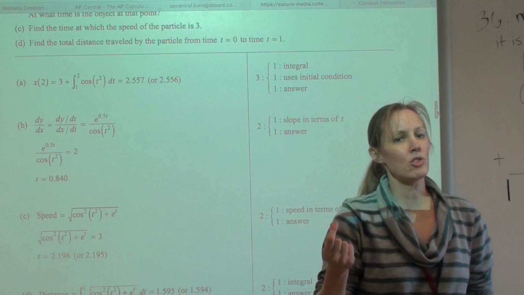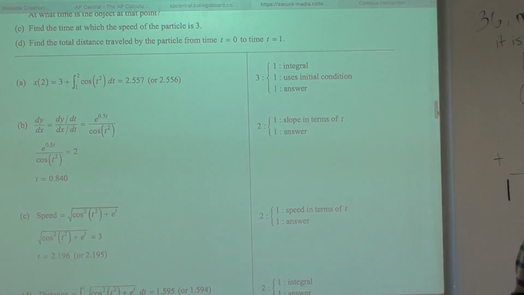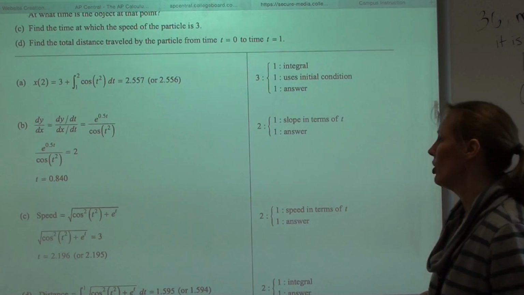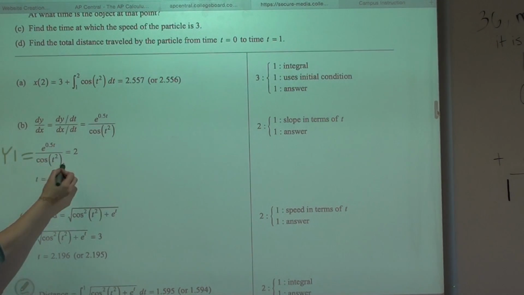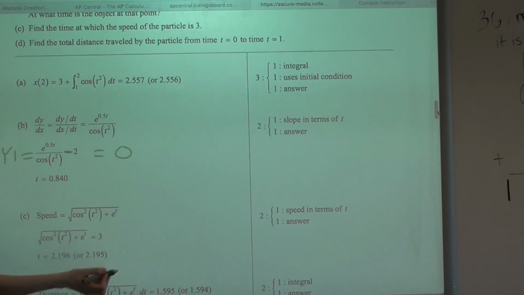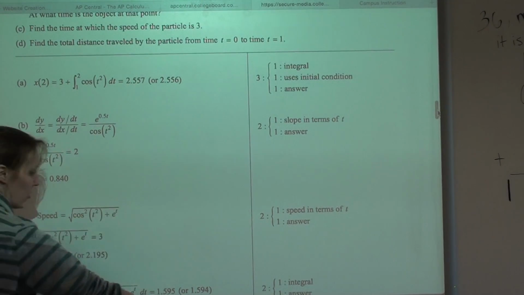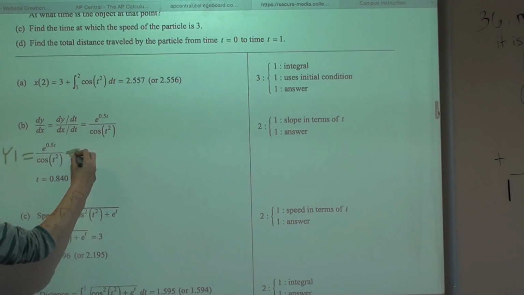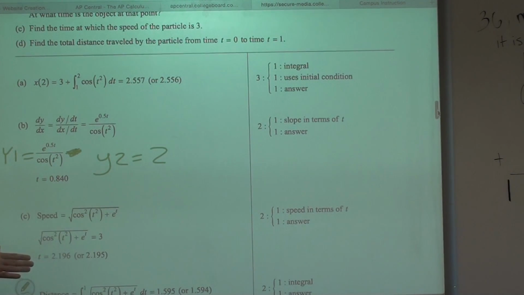If you don't know how to solve on your calculator, if you have an 89, use the solve feature, right? If you don't, just go to y equals. There's two ways to do it. Some people like to just put this minus this and then find the zeros. Some people like to put the first equation in y1 and the other in y2 and find the points of intersection.